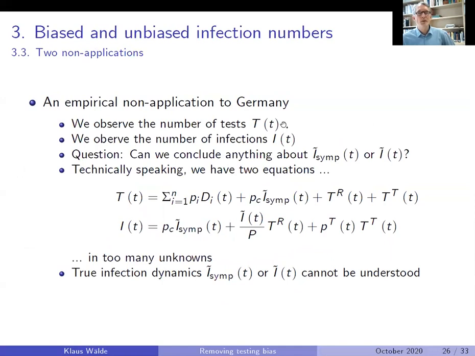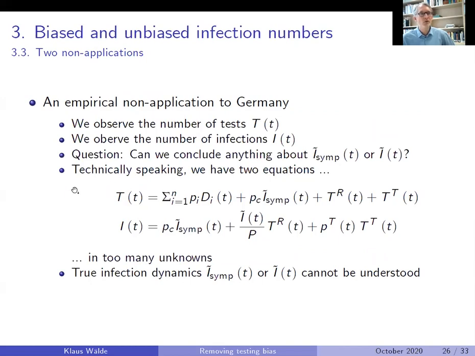So we observe the number of tests. We observe the number of infections. The question is, can we conclude anything from these two time series about the true epidemic dynamics, about individuals with symptoms and about individuals without symptoms, but still being CoV-2 positive?